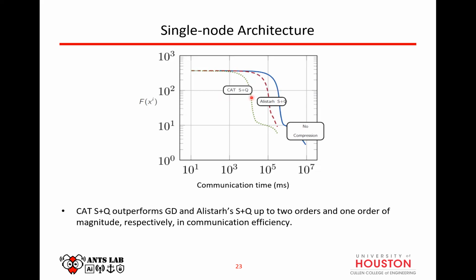It does not consider the communication like how this CAT is considering. Okay. So compared to the most popular and standard algorithm, we see that this CAT performs better than that, and it is also several orders of magnitude better compared to no compression at all.